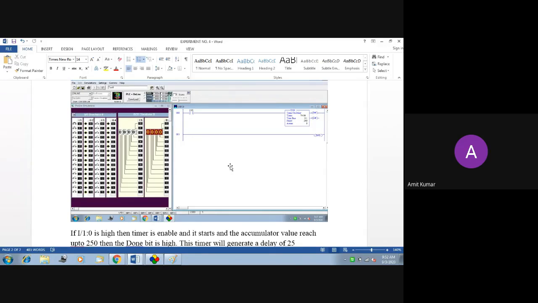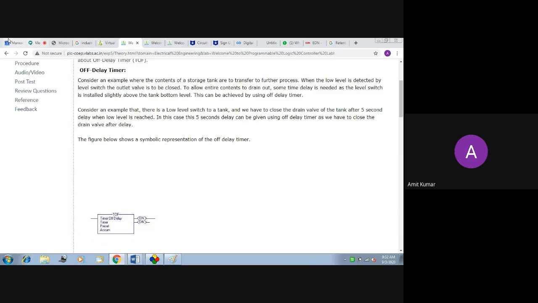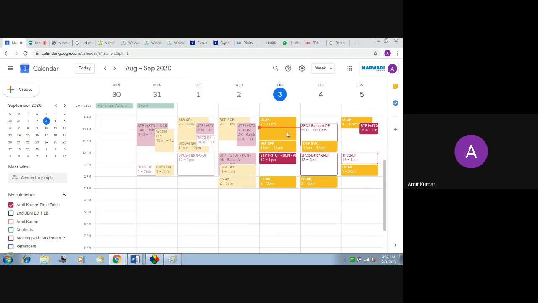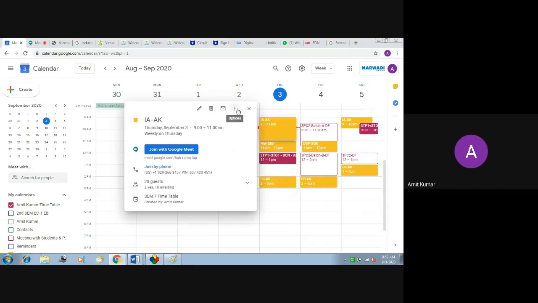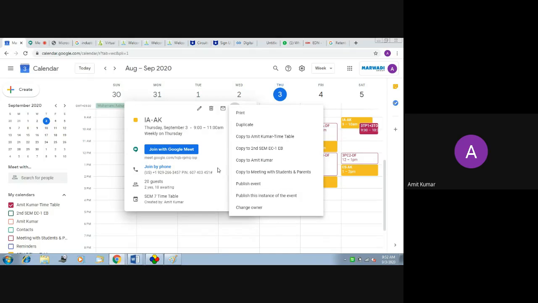अच्छा, कोई मेरे को ये बता सकता है टी ऑफ टाइमर कब यूज करेंगे? कोई एक एप्लीकेशन जहाँ पे टी ऑफ टाइमर यूज हो रहा हो? Can anyone tell me where you can use the T off timer?